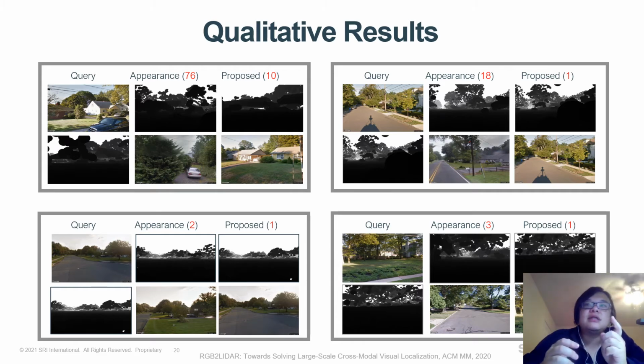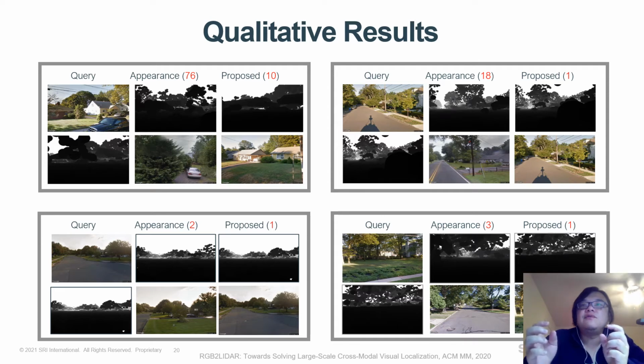The red number shows the ground truth rank among the returned matches. For example, in the bottom right example, using appearance information, the correct match is the number 18 match. But if we use our proposed approach to combine both appearance and semantic information, the top one match is the correct match.